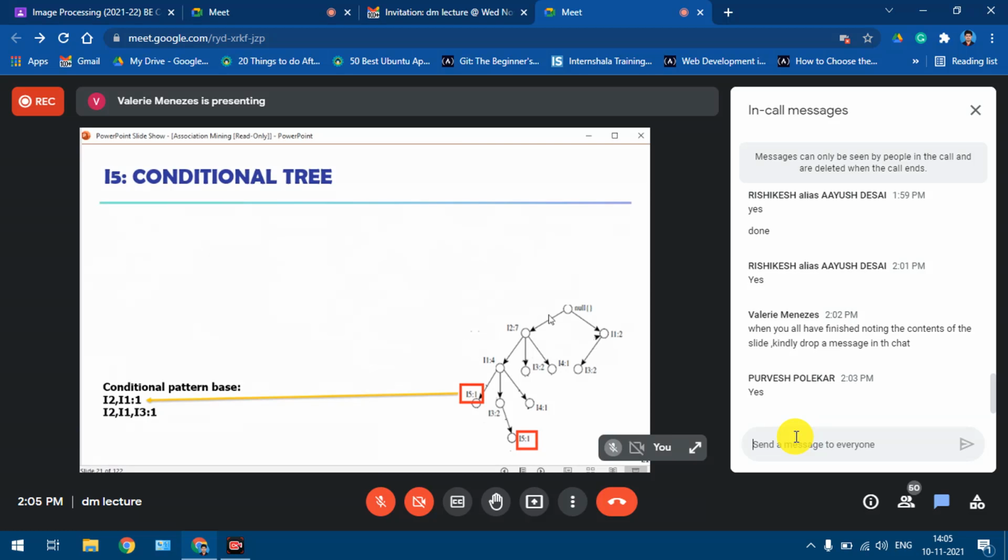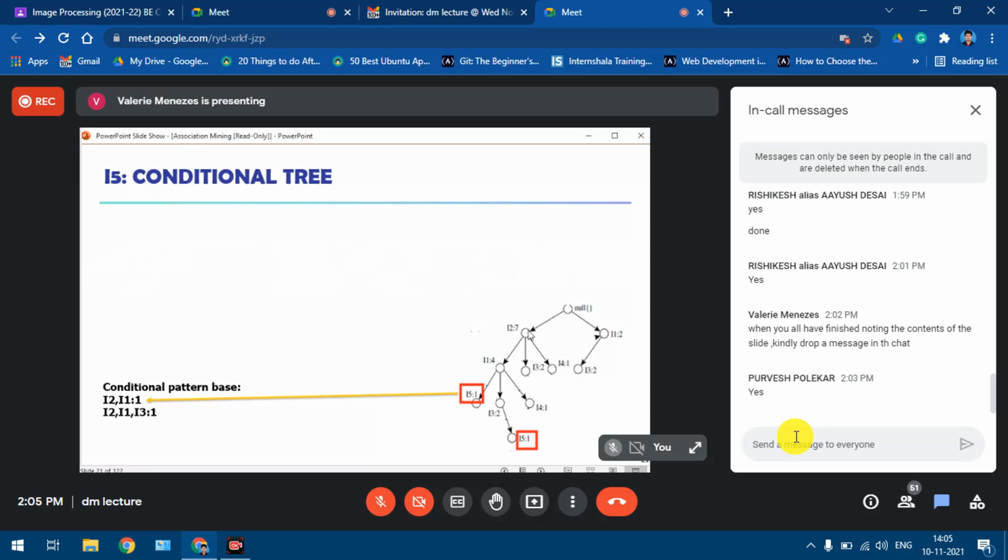Again, I repeat. Look at the branches where I5 is towards the end. Here we have two branches, I2, I1, I5 and I2, I1, I3, I5. For each branch, you see the count of the I5 node. In the first branch I2, I1, the count is 1, so you append the count 1.